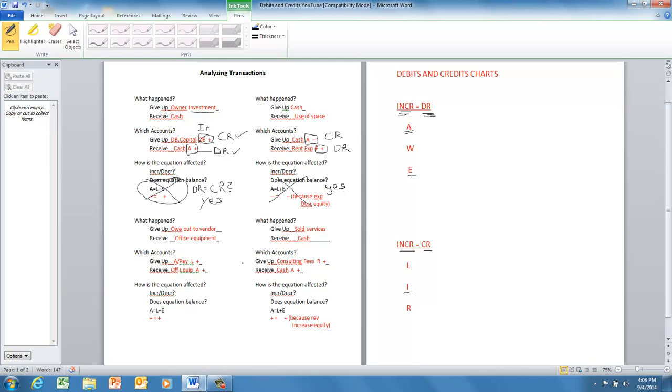On the next one, we bought some office equipment on account. So we have office equipment and accounts payable. I have an increase in an asset and an increase in a liability. So my increase in my asset, I look up asset, increase, yes, that will be a debit.